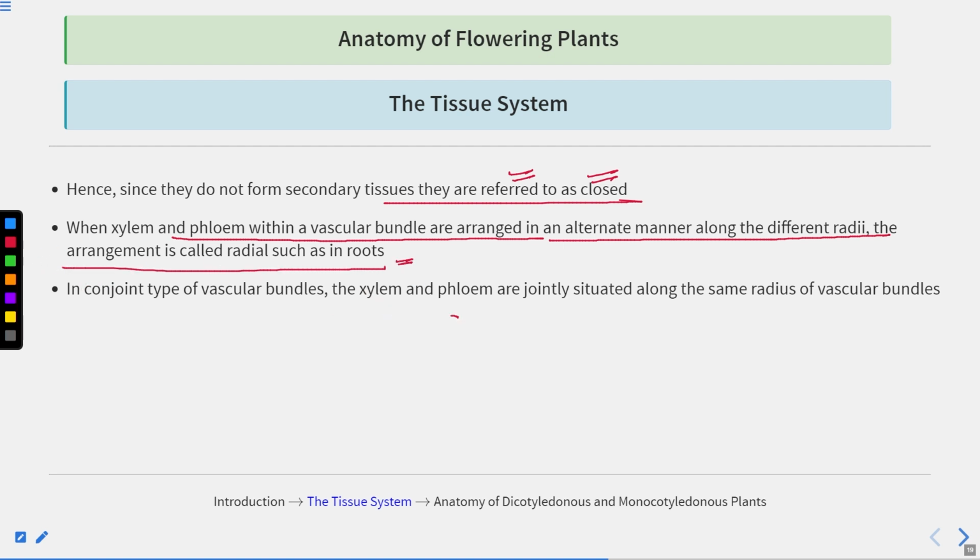So if we draw the structure of a radial vascular bundle, you can see the xylem. The xylem is present at one radius. It is like this. This is the xylem, and the phloem part you can see here.